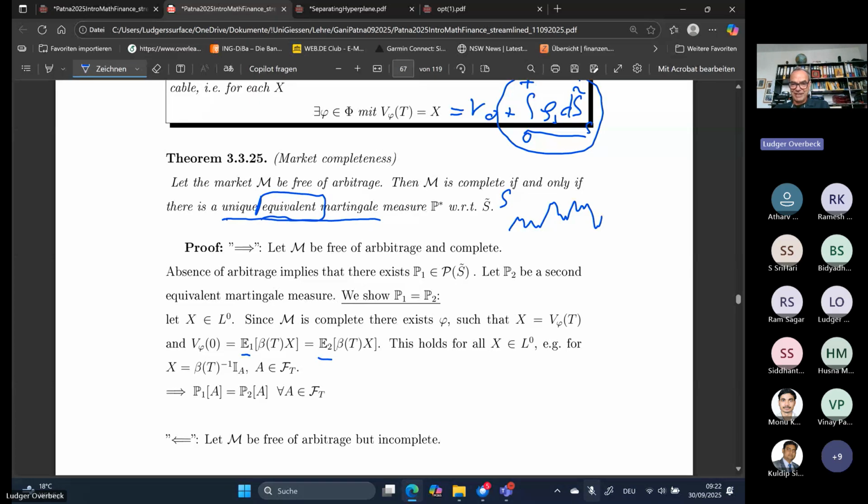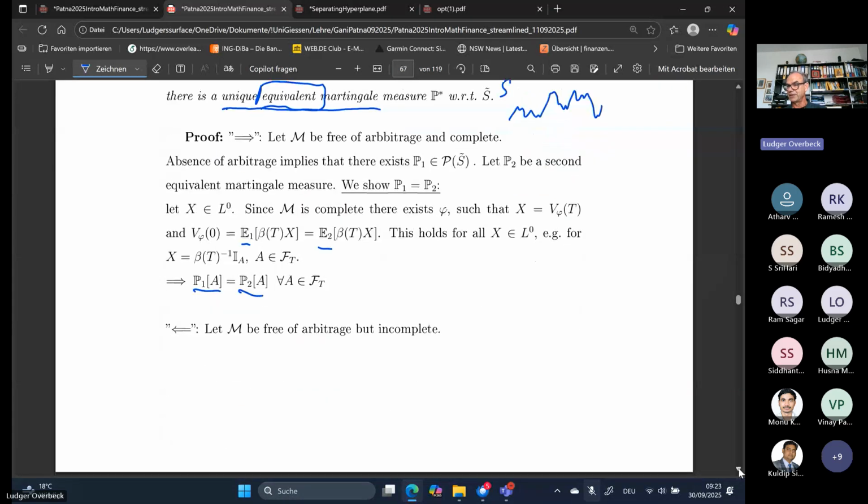In our abstract sense, of course, we claimed that every X is attainable, replicable, in particular this one. And then you see that the probabilities are the same. Because prices are unique, martingale measures are unique.